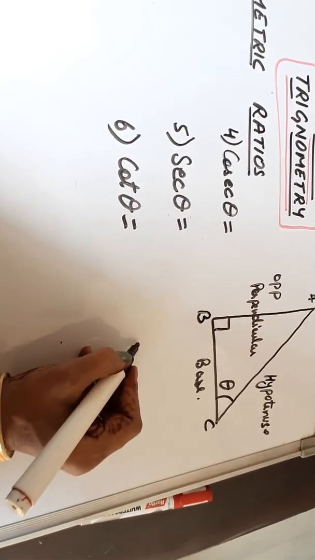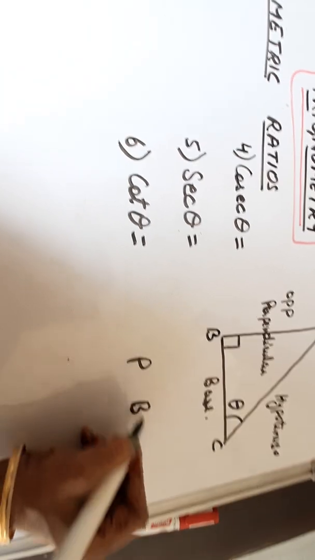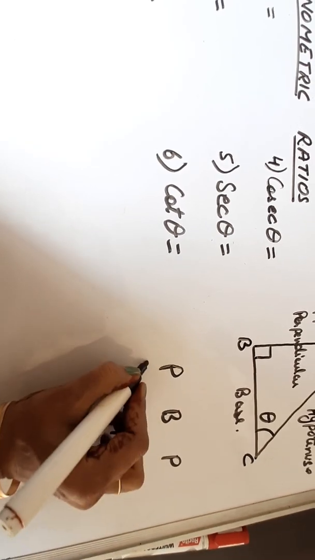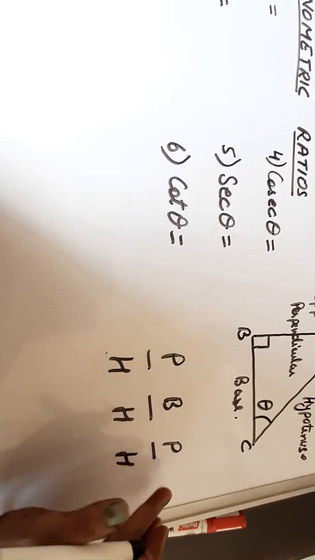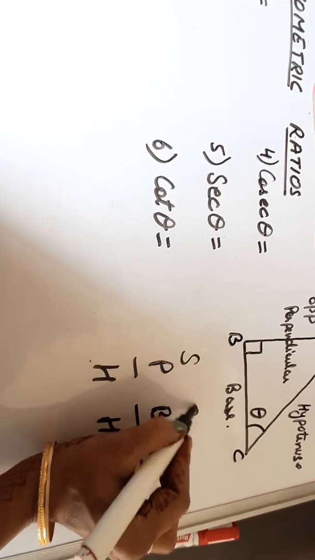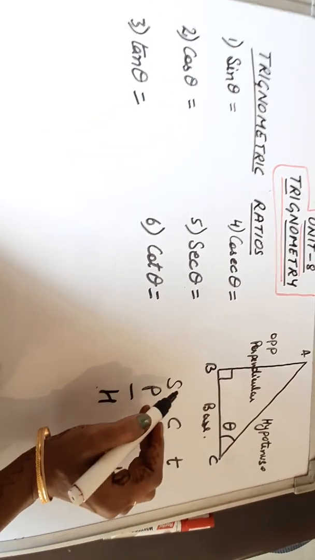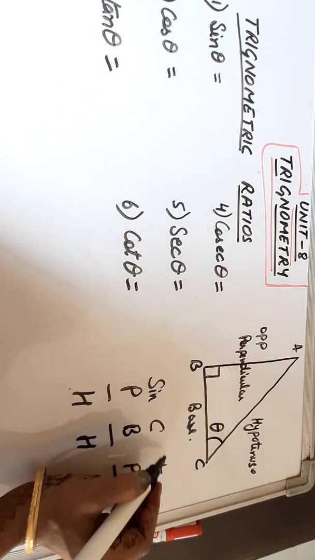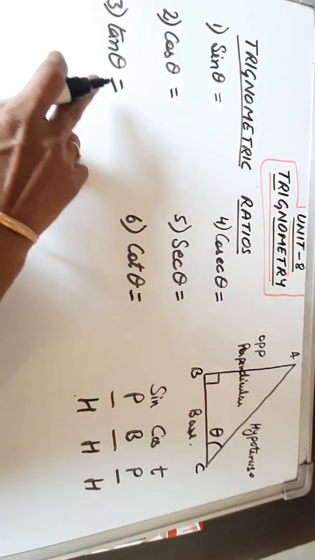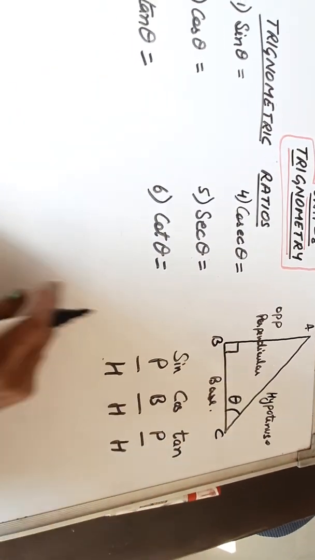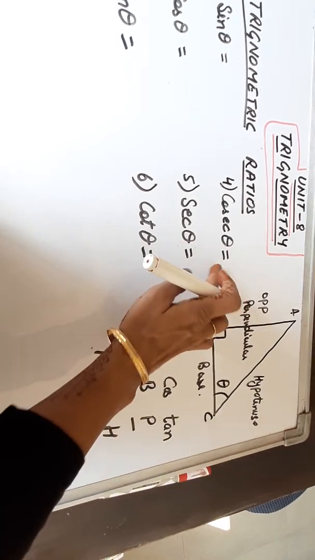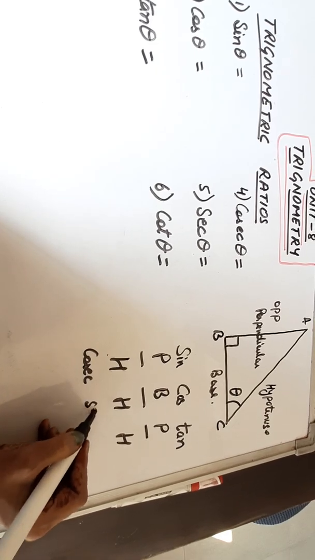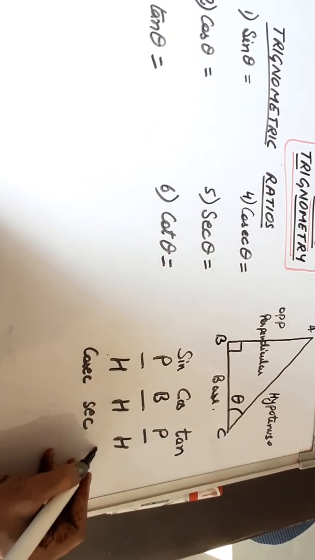We will remember a rule: Pandit Badri Prasad, Har Har Bhole, Sona Chandi Tole. This S is meant for sine, C for cos, and T for tan. And reciprocal to these, we write below: cosecant for sine, secant for cos, and cot for tan.